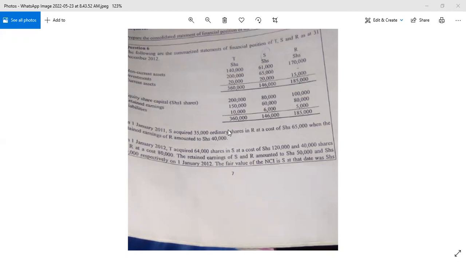Now the balance automatically becomes NCI. If you want to compute it, I can still show you. But the balance is 32%, to make the 100. Right. In case you don't want to use the balancing figure, which I would encourage you to use because it saves time, there's this other way.